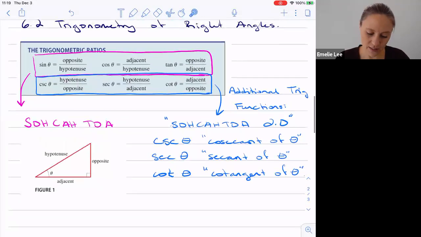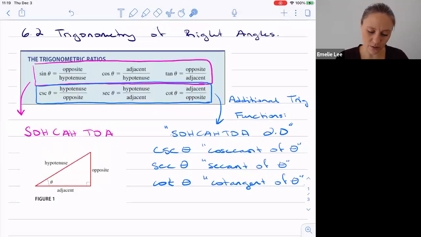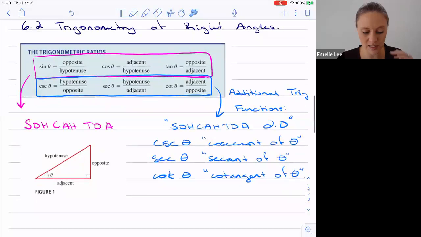So we can use these. And what I actually want to do is skip the rest of this section and get right into 6.4, which is inverse trig, which is the last little bit of information that you'll need. And then we've covered everything, which is awesome.